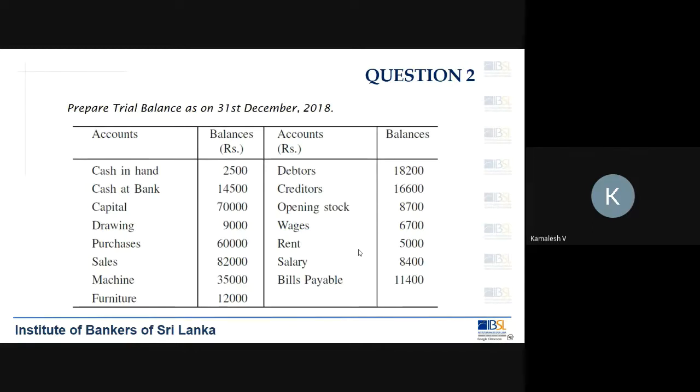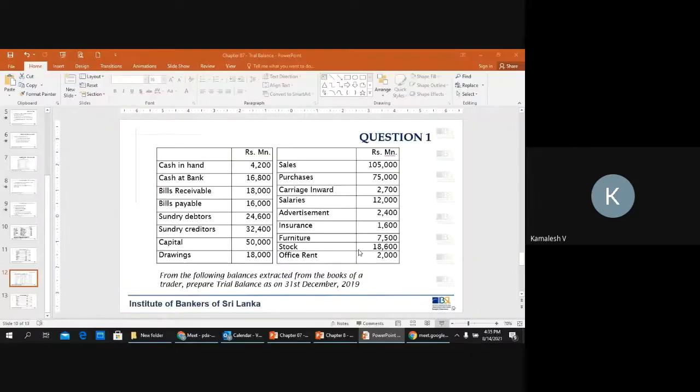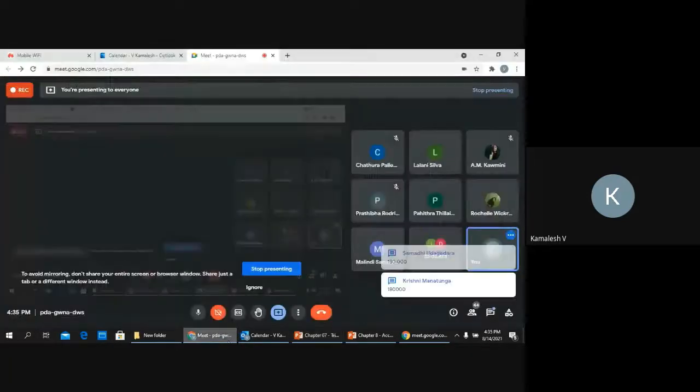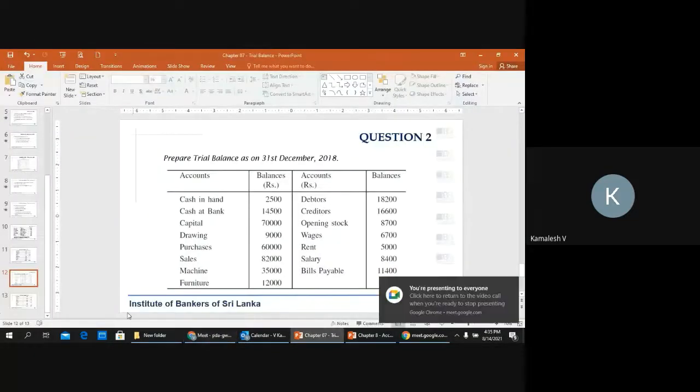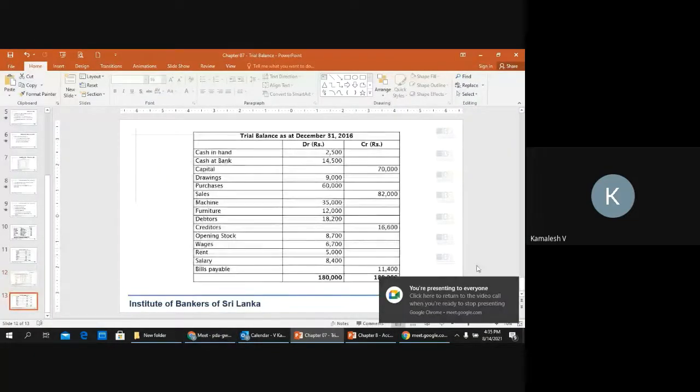Are we done? Do we have the total? What is the total? Any answers? 180,000. Correct.